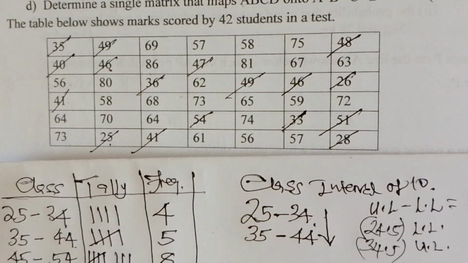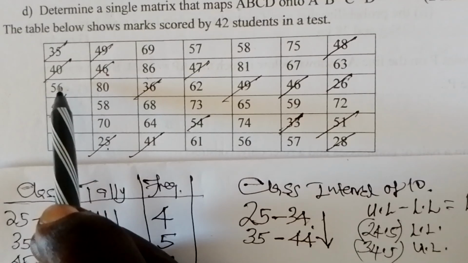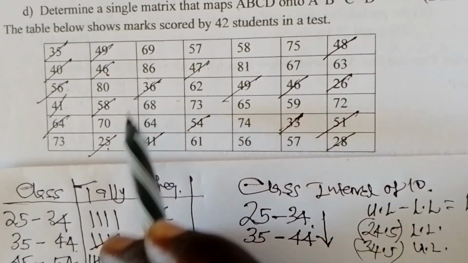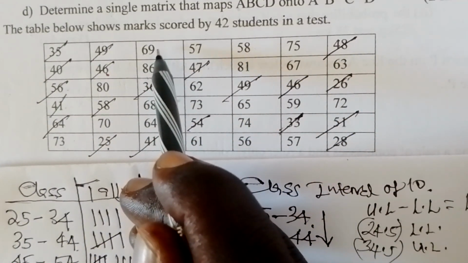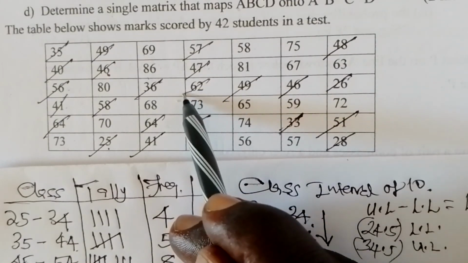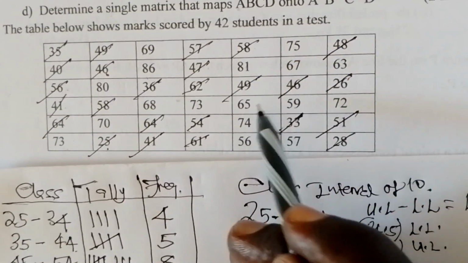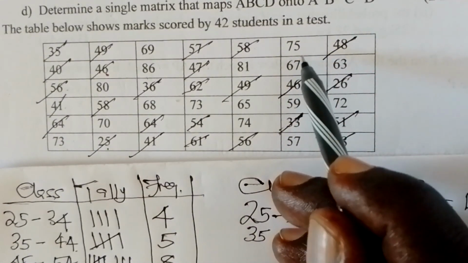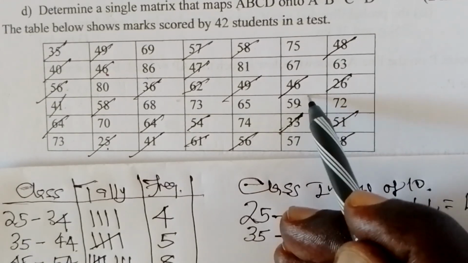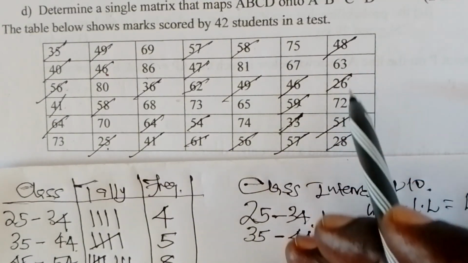Between 55 and 64, we now continue. 1, 2, 3, 4, 5, 6, 7, 8, 9, 10, 11, 12.